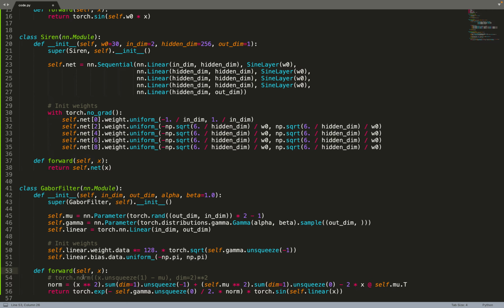If you do that, the memory of your algorithm will explode. Because you can do the maths, there will be some broadcasting, and that will create tensors with very high dimensions. Another way to do that is just to rewrite this operation. So if you rewrite it, that will be x squared plus mu squared minus 2 times x multiplied matricially by mu.